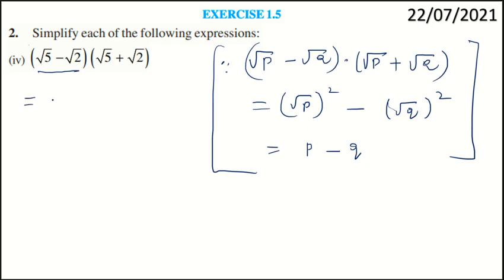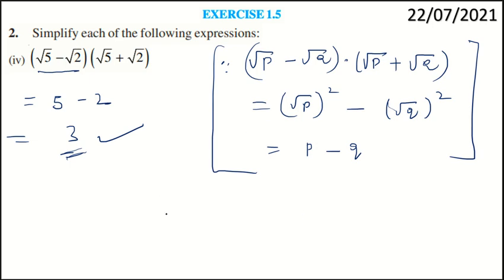So the end result is 5 minus 2, which is 3, is the answer. So the product of these two irrational numbers gave us a rational answer. So that's why the operation between two rationals is rational. Operation between two irrationals may or may not be rational, but if one is rational and another irrational, then the operation between them will always be irrational.